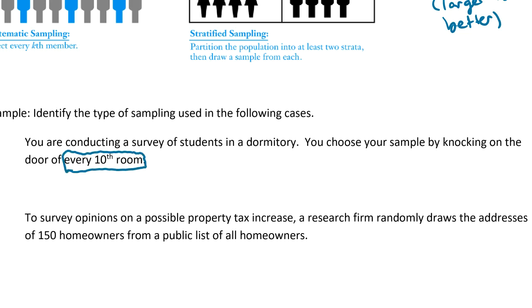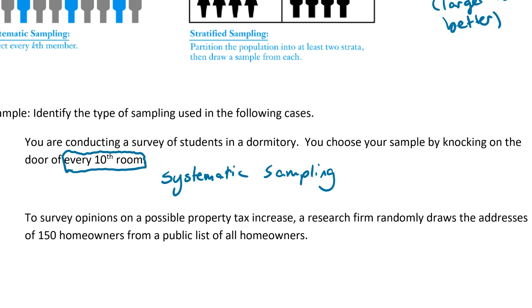So since you're doing it every 10, this one's going to be systematic sampling. Anytime you're doing it every 10th or every 2nd or every 25th, whatever the case might be, that's systematic. So anytime you see the number with the TH on the top, that's your cue for systematic.